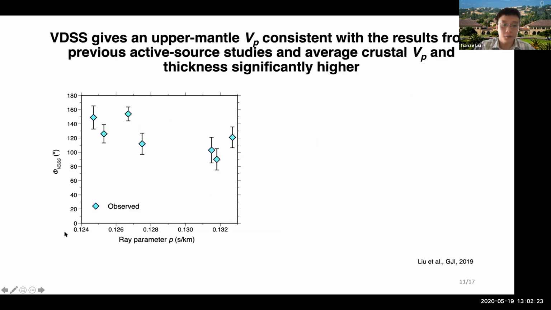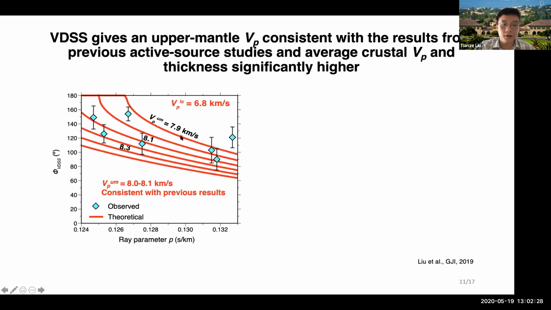We again plot them against the ray parameters and compare them with different theoretical curves. And this comparison clearly shows that our observed results prefer upper mantle Vp of 8.0 to 8.1 kilometers per second, which is consistent with the result given by the active source studies.